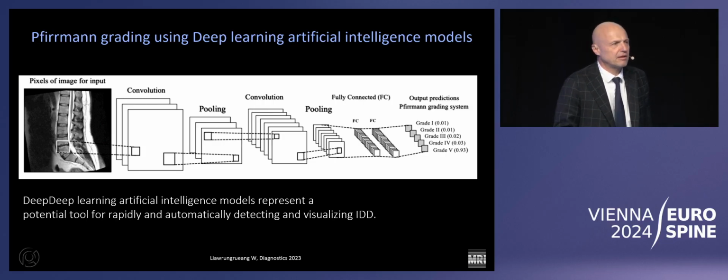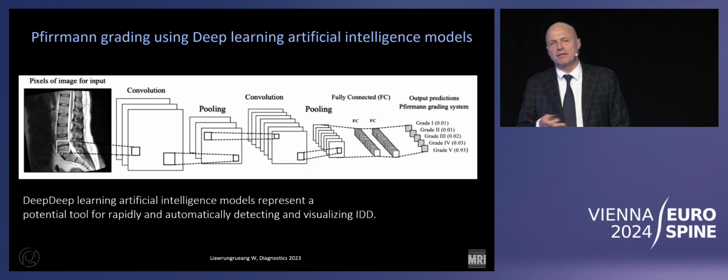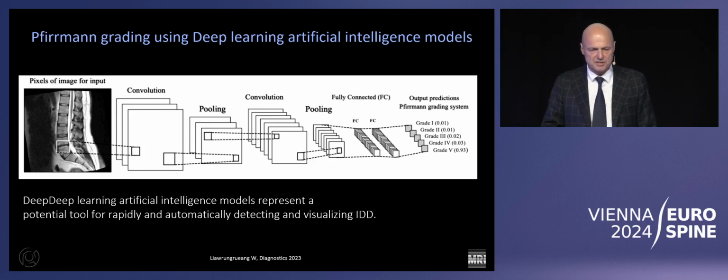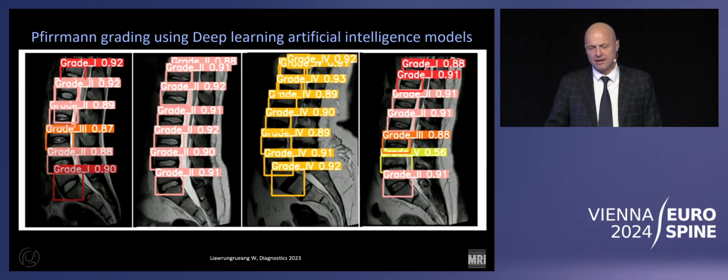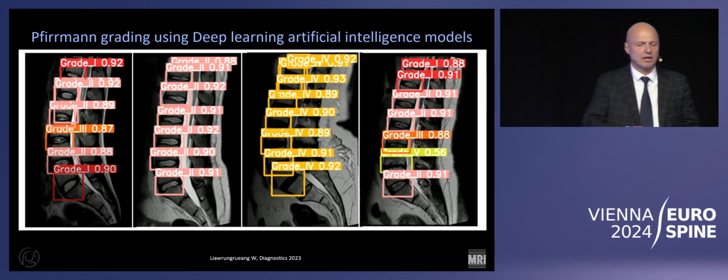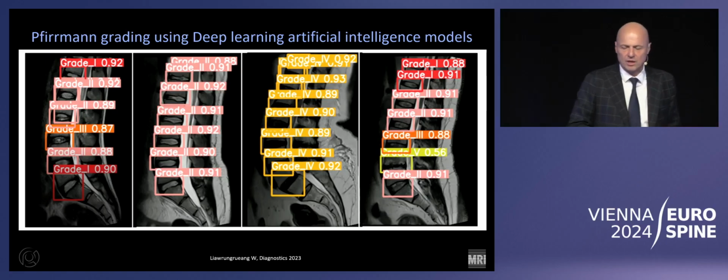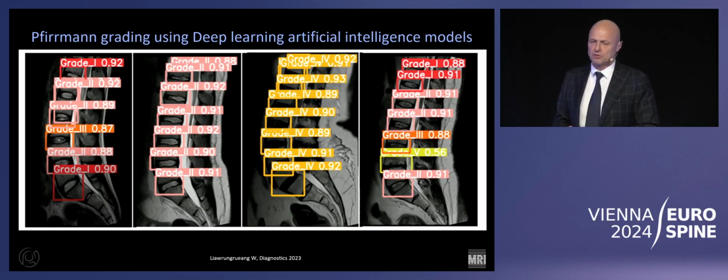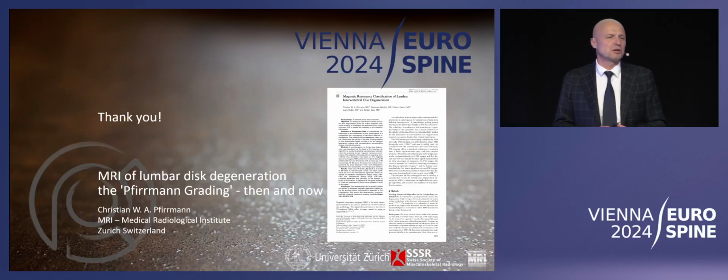You can do that now with things that are readily available just on the internet. Here one example doing that, and the algorithm at the end gives you all the grades automatically.